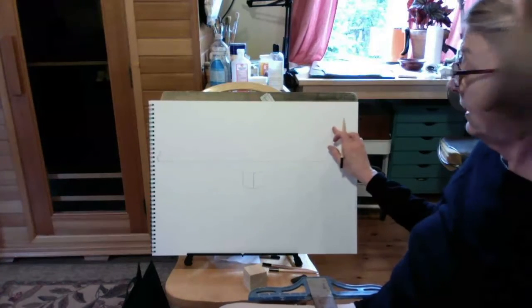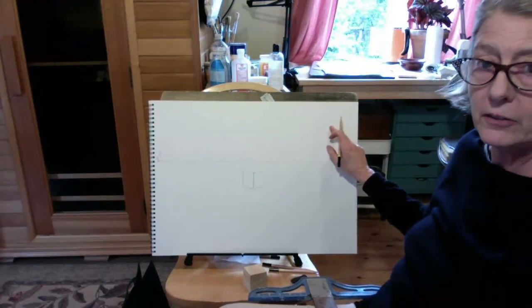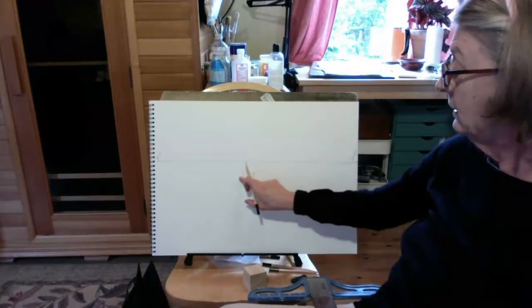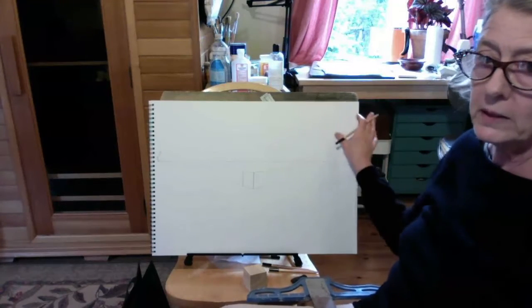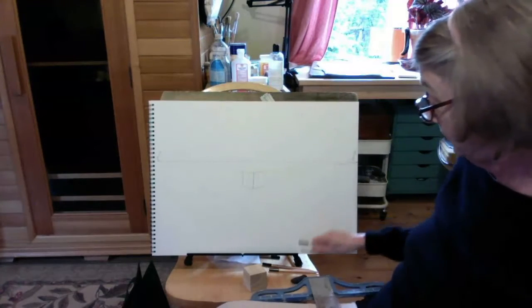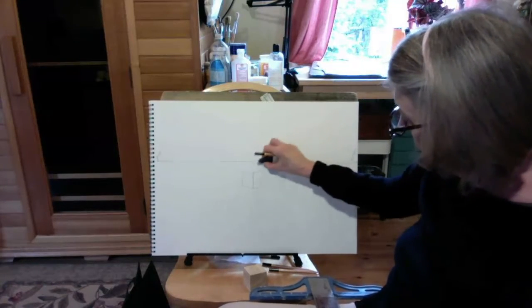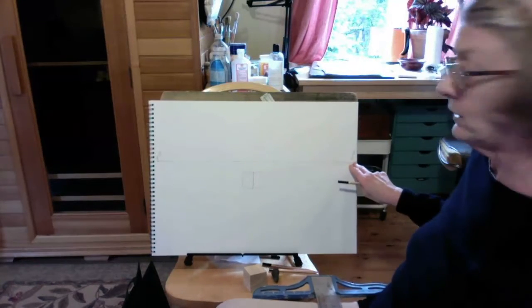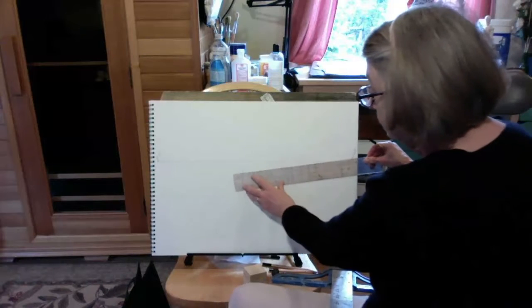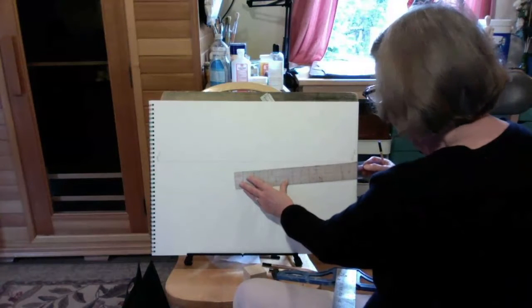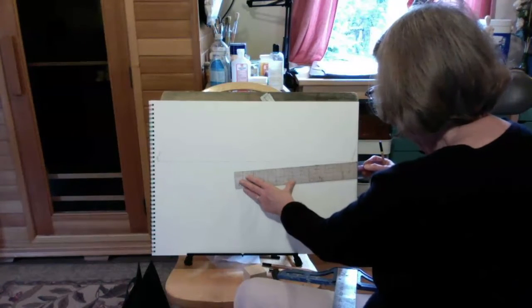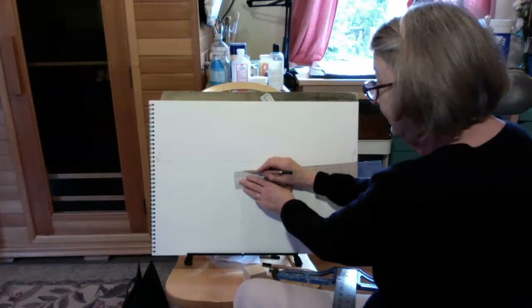Well, it's not going to a vanishing point. Every line that is not a vertical has to go to one or the other of these vanishing points. So let's just take that out. This has to go back over here. This drives people nuts.